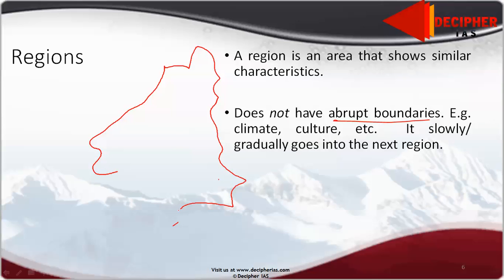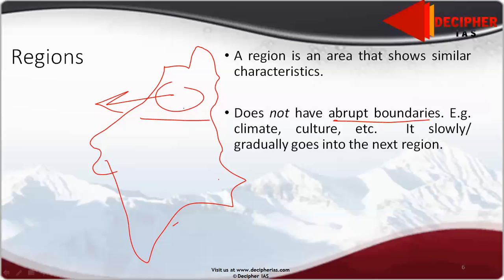This is a crude map. Don't shout at me that you have made a very bad map of India, but this is just to represent. In north, we have a continental type of climate, which as we go down becomes equable. Equable means there is very little variation because we come near the seas. Very little variation in the temperature.